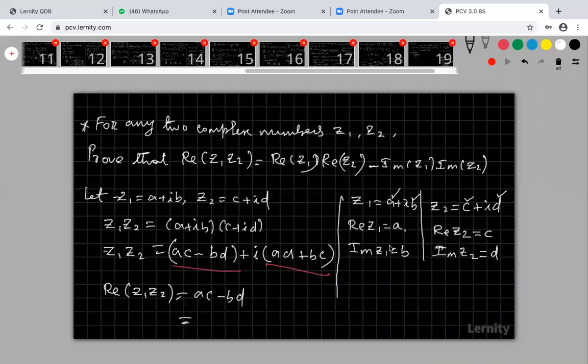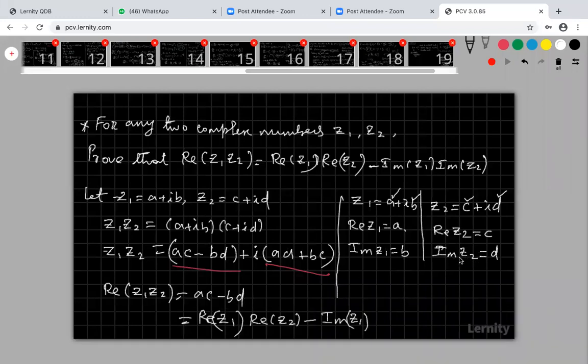Now apply all these four here. My A means real of Z1. My C is real of Z2. Minus is there. B is imaginary of Z1.